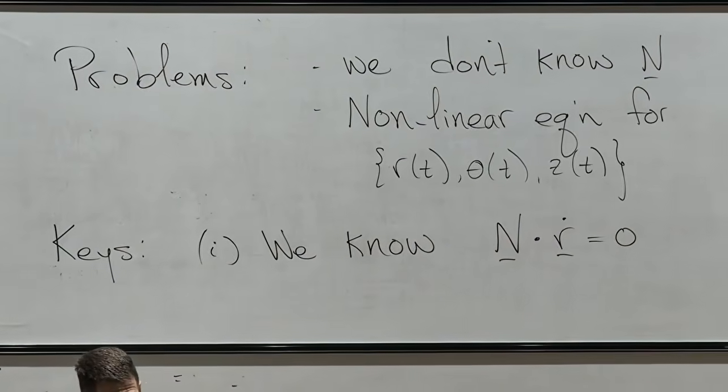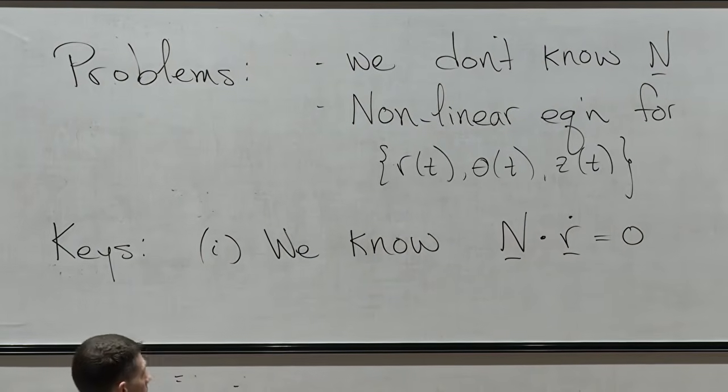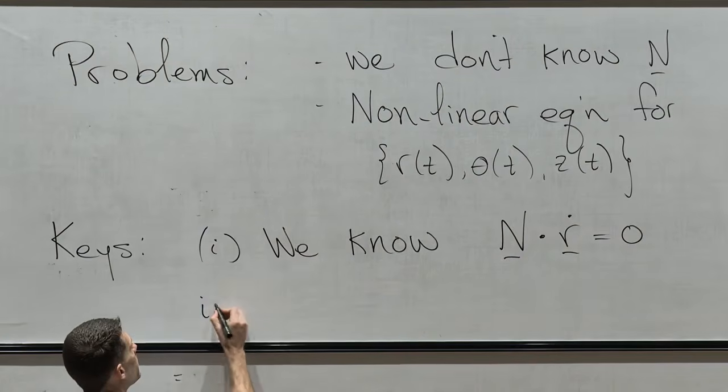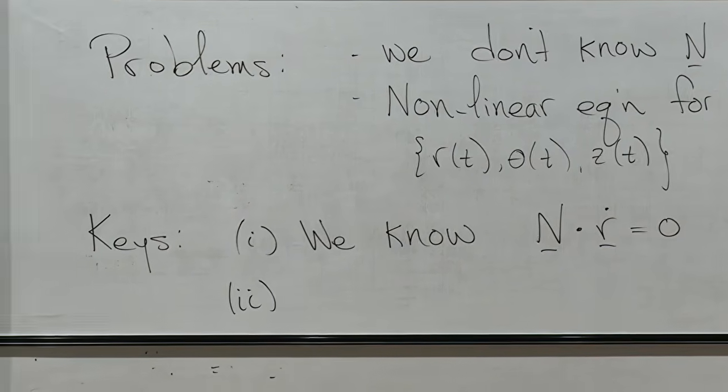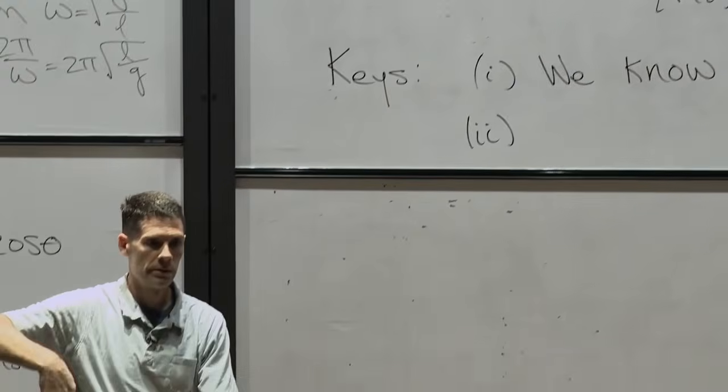I can say more about n for a surface of revolution, so this is always true. For a surface of revolution, I can make another statement about n, which is that it's going to have no component going around the surface. Right?